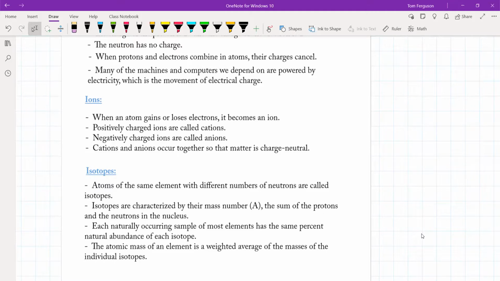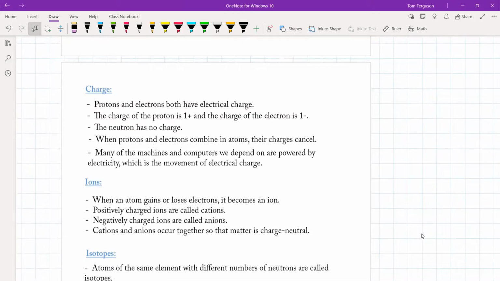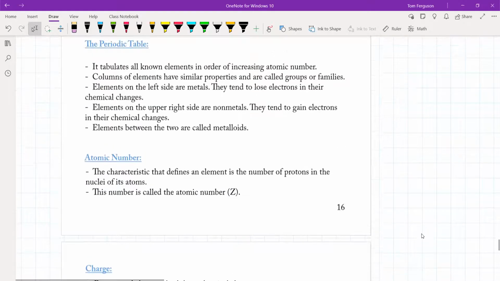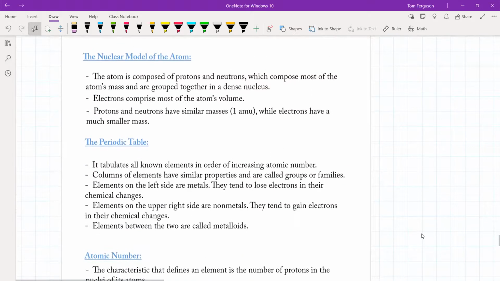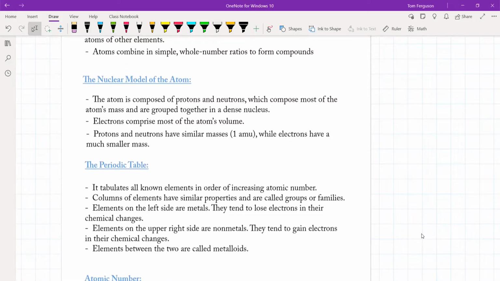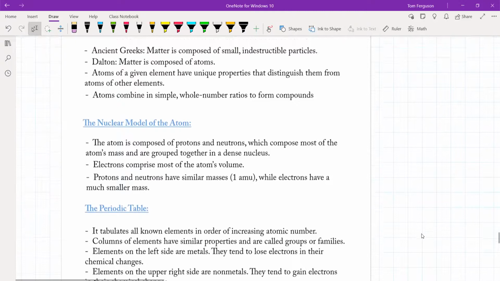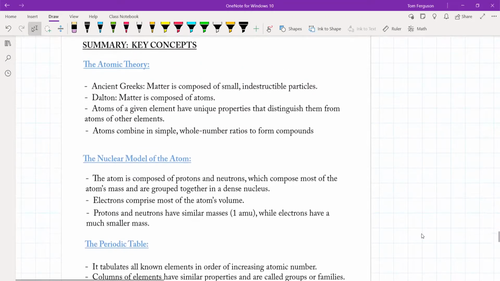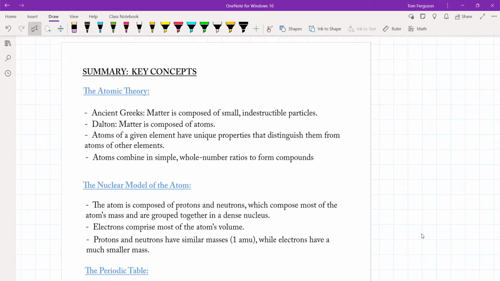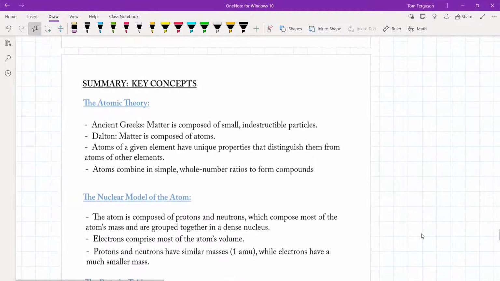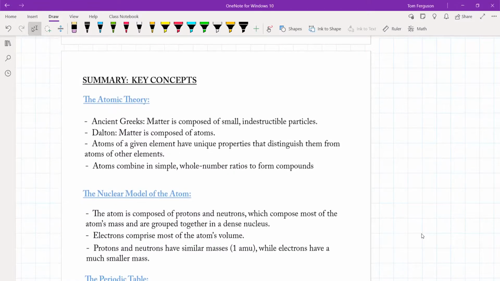So we have ions, we have isotopes, we have neutral ions, we have what is charge, how the periodic table is organized, some groups within the periodic table, how the atom is set up, a little bit on some of the historical aspects of the development of the atomic model. That's what is covered in chapter 4.